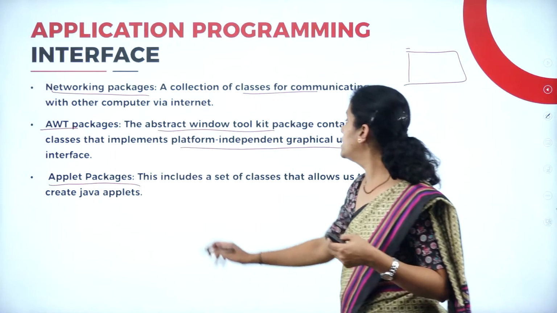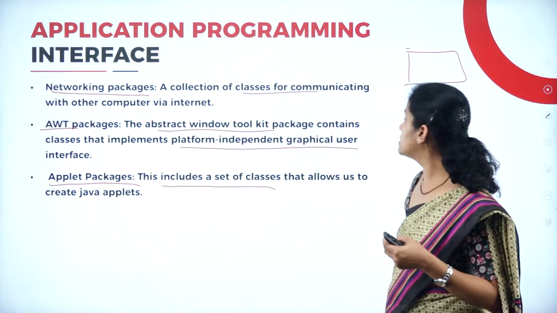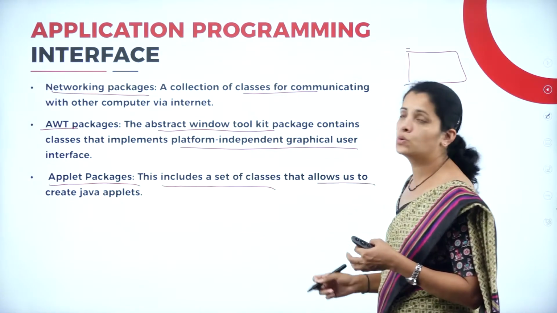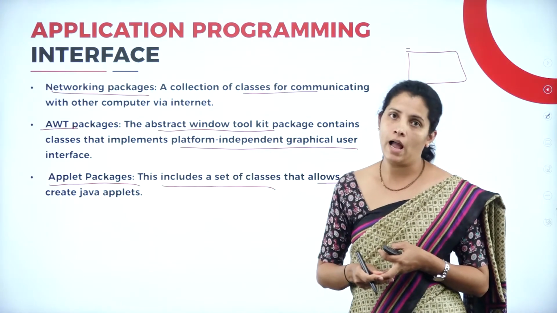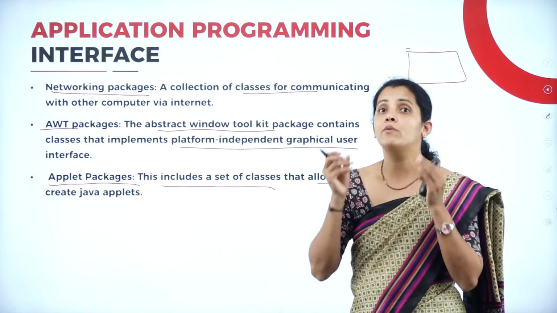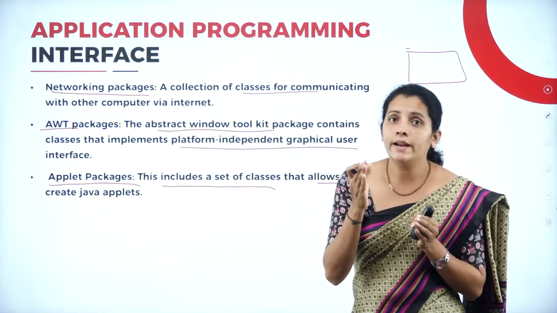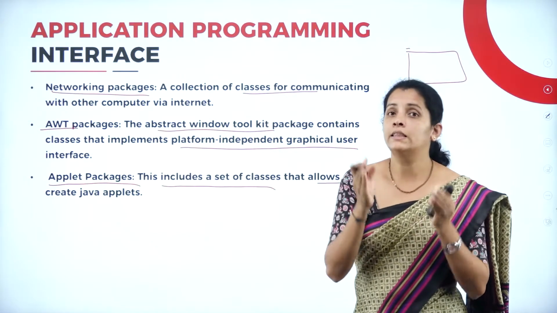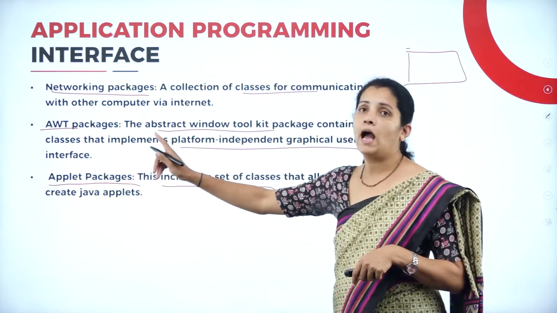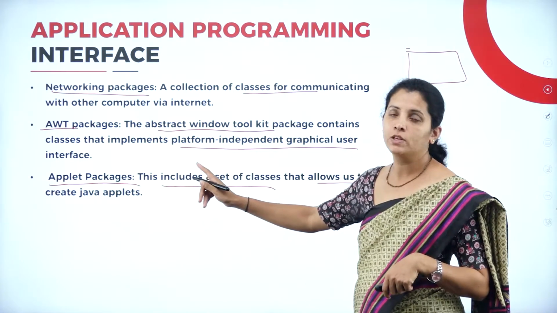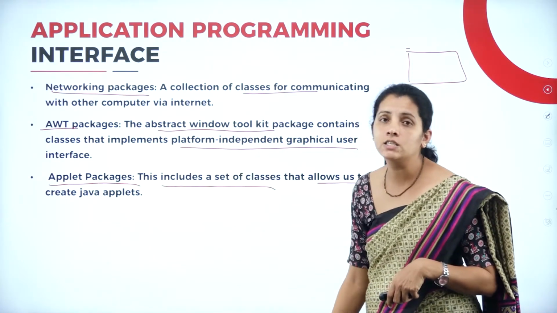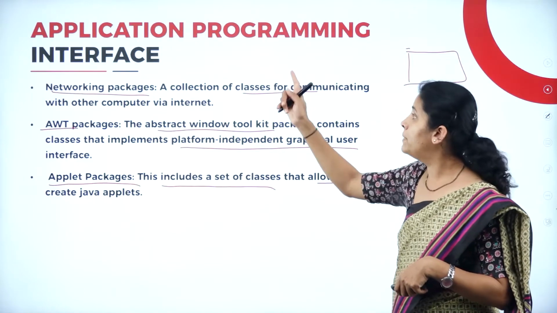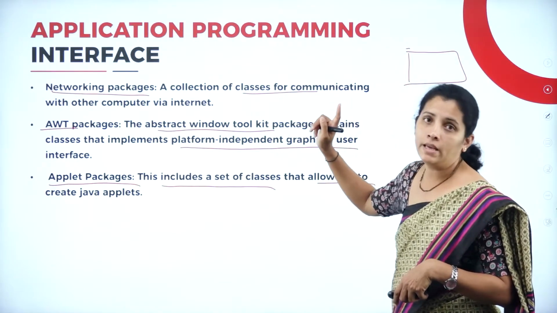That means it includes a set of classes that allows us to create Java applets. That means whenever I want to create any kind of Java applet, at that time I require the applet package. So these are the certain packages that come under the application programming interface.